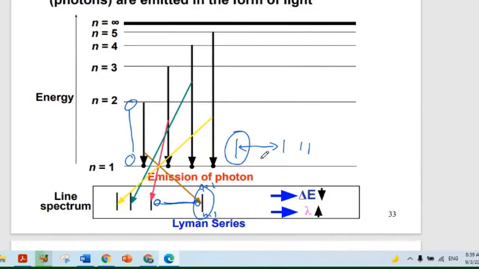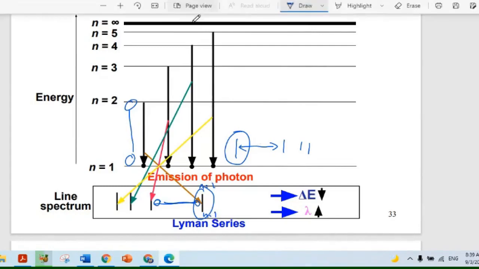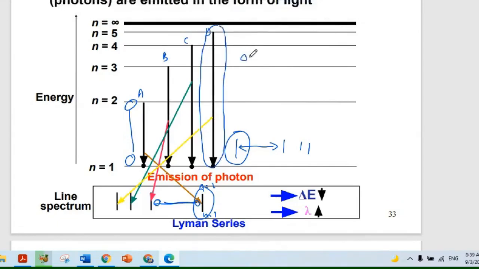Okay, and then you check for the energy, right? Among these A, B, C, D, this one has the highest energy, highest delta E, and then automatically the frequency is the highest, but it has the shortest wavelength.